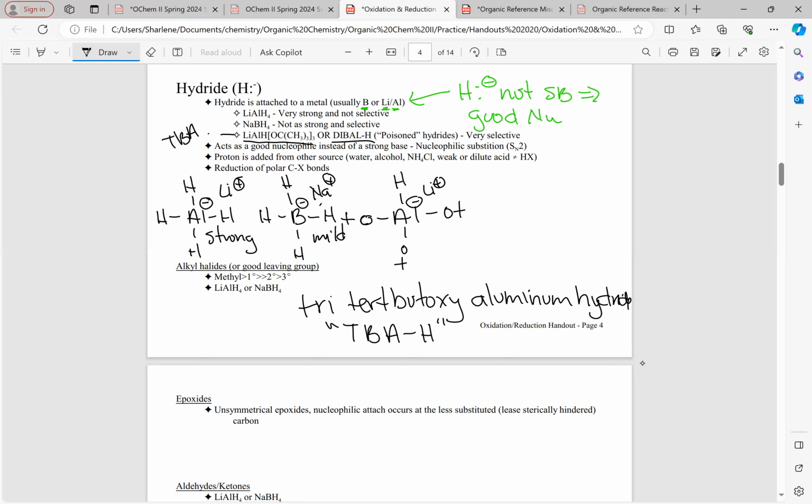We just say DIBAL. And so that one is an aluminum with two, wow, that was ugly, two isobutyl groups with a hydrogen. So diisobutyl aluminum hydride.